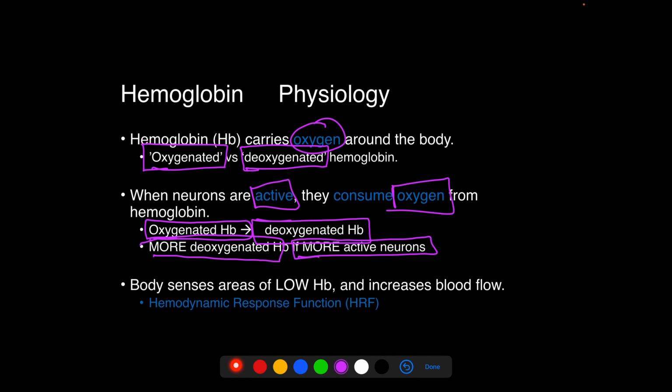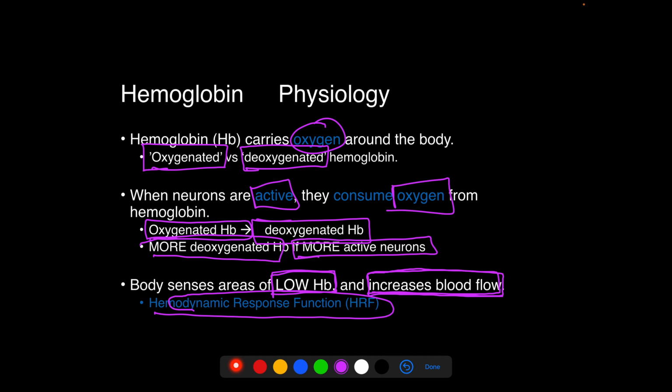So if a particular part of the brain is more active, you will have more deoxygenated hemoglobin in the blood vessels in that area. So in response to this depletion, the body senses areas of low hemoglobin through its various mechanisms, and in response, increases the blood flow. The mechanism behind this is called the hemodynamic response function, and we'll build on that in a bit.